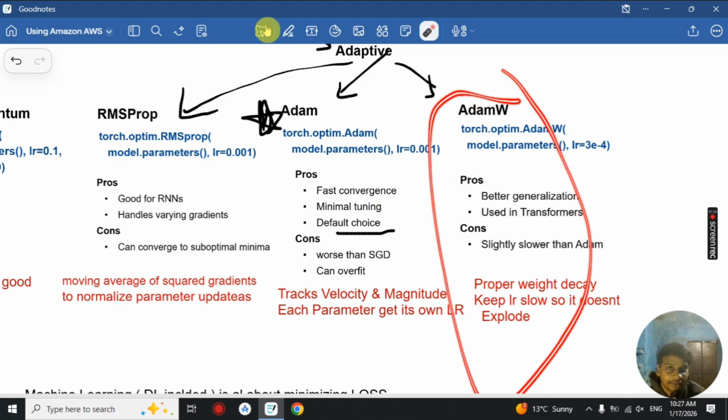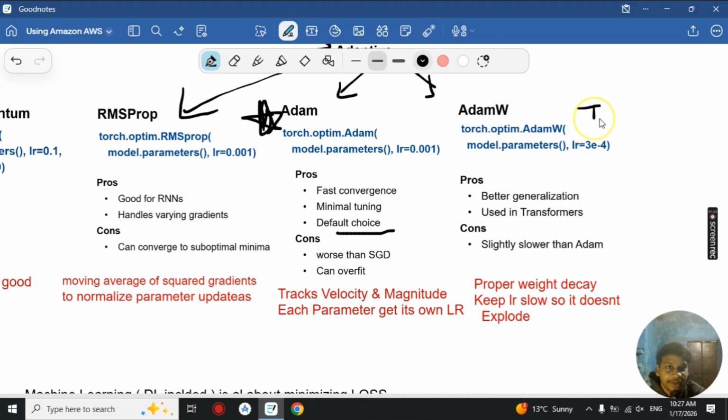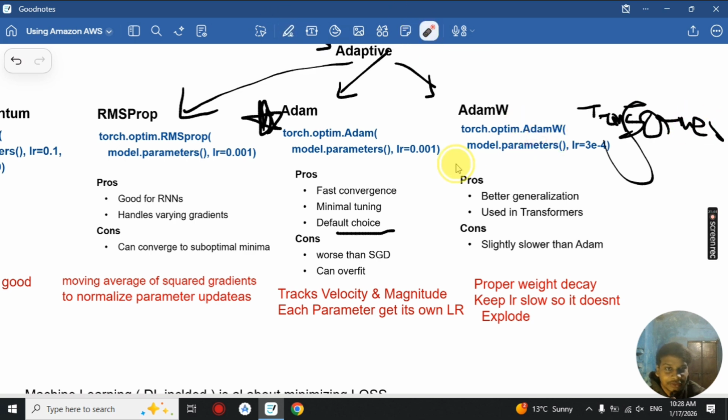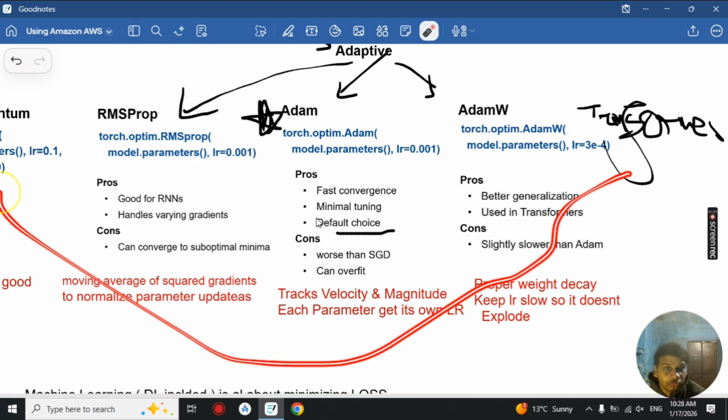Now AdamW is mainly used for our transformers, okay. It is defined the same way, just that here the learning rate is very small, okay. As transformers are basically heavy models, we need a very small learning rate so that we converge very slowly to our optimal solution, okay.